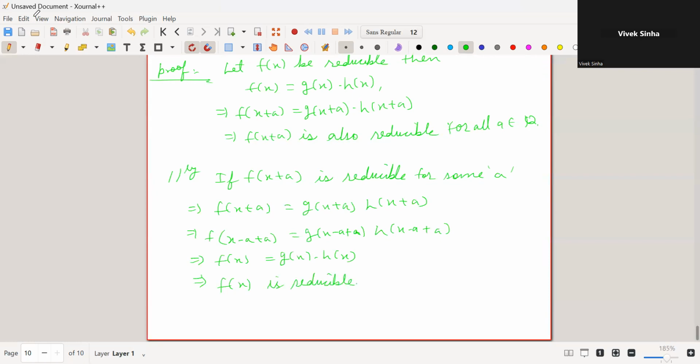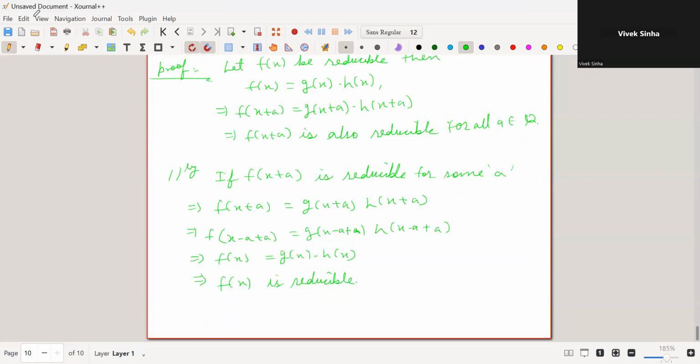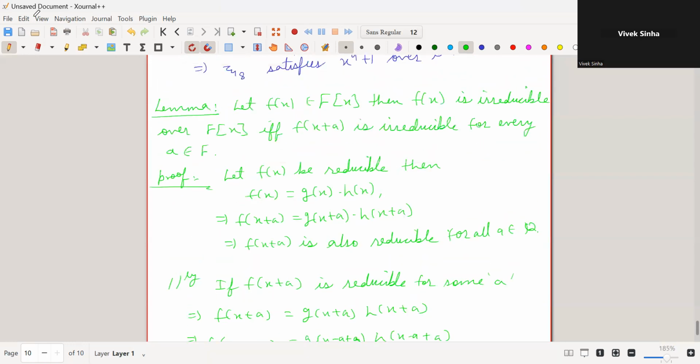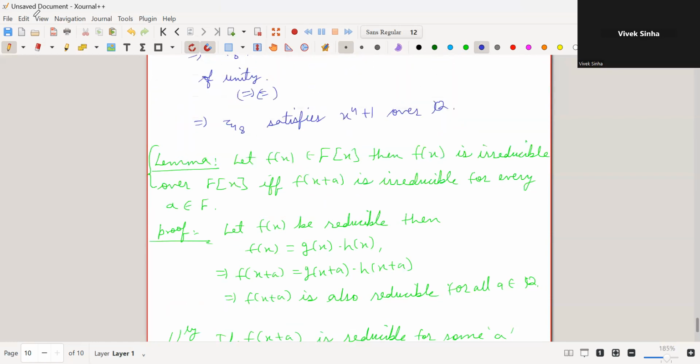So we have proved the contrapositive statements: if f(x plus a) is not irreducible, then f(x) is not irreducible, and if f(x) is not irreducible, then f(x plus a) is not irreducible. Okay, so that completes the proof of this lemma. So instead of showing x4 plus 1 is irreducible directly, we will show this for a shifted polynomial. Let's say this polynomial I am naming as p(x).